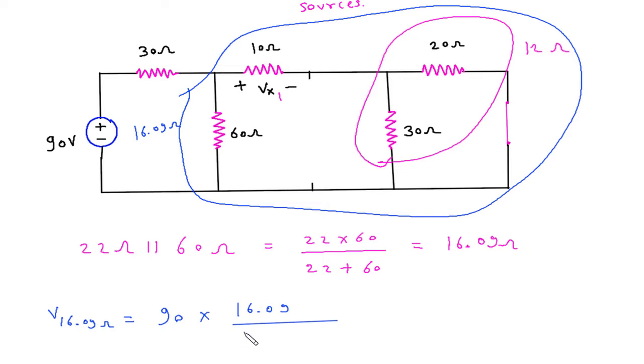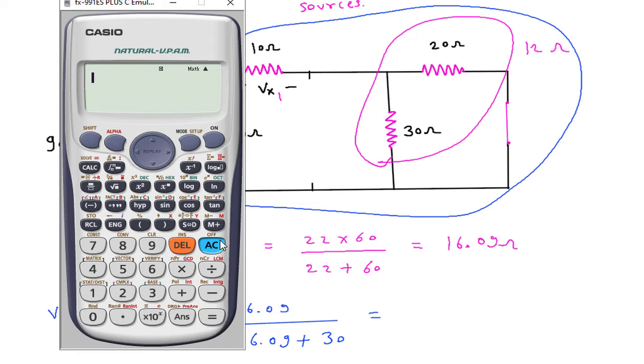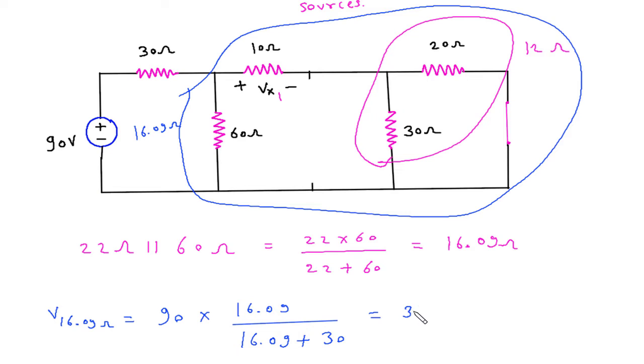Total will be 16.09 plus this 30 ohm. So this will be 90 into 16.09 by 16.09 plus 30, which is 31.42. 31.42 volt is the voltage across this resistor.